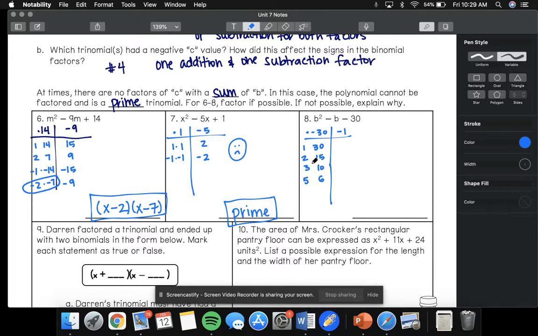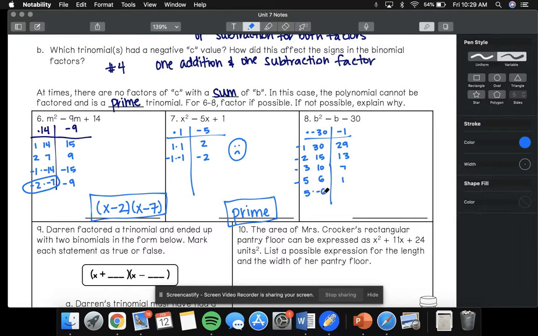Okay. So I'm just going to play around. I'm going to start off with these all being negatives. This would have a sum of 29, a sum of 13, a sum of 7, and a sum of 1. If I'm looking for what's close, it looks like this one is very, very close. So I'm going to check this one.